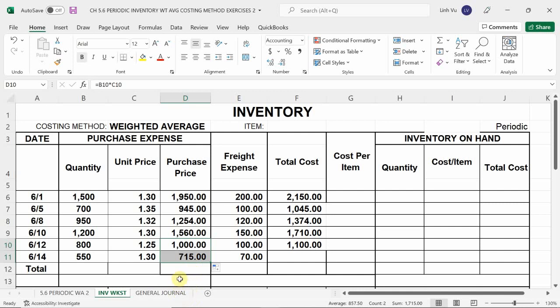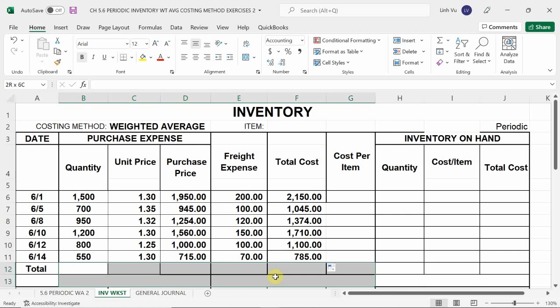No worries. You guys have plenty of time. All right. So 715, okay, plus 70. 785. Because we reached the end of our accounting here, let's go ahead and tally up our totals.